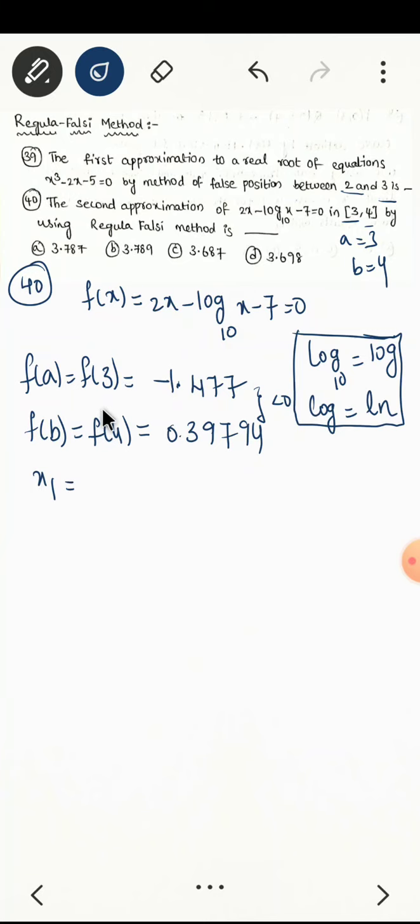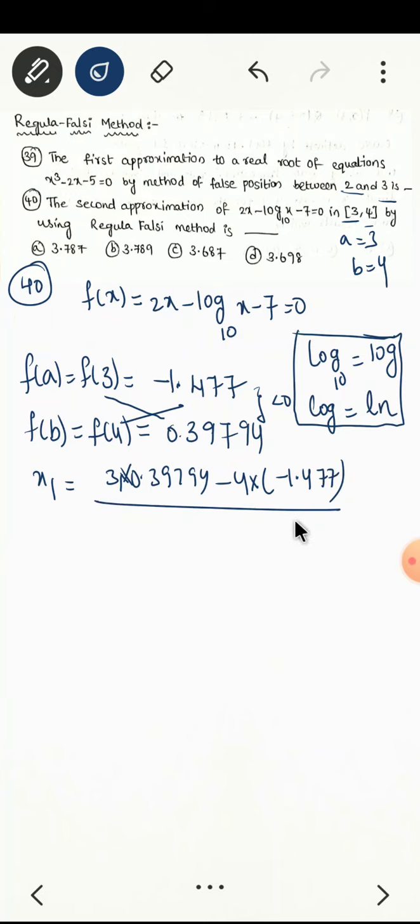So first find the first approximation: 3 into 0.39794 minus 4 into minus 1.477, divided by 0.39794 minus of minus 1.477. With this I am getting the x1 value as 3.7877.